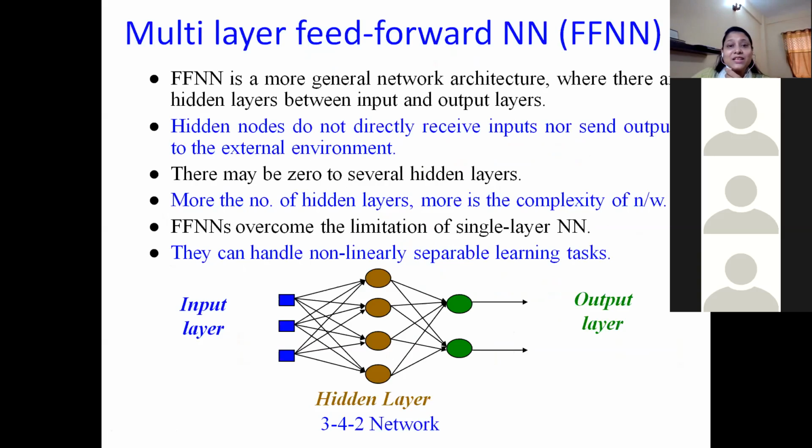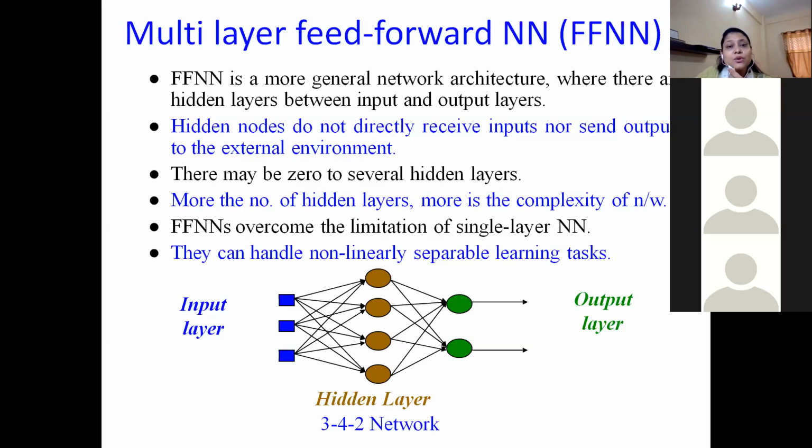This is basically a more general network architecture. The particular difference from what we had in our single layer feed-forward neural network is that we have hidden layers between the input and output layers, and those hidden layers can be from 0 to several.